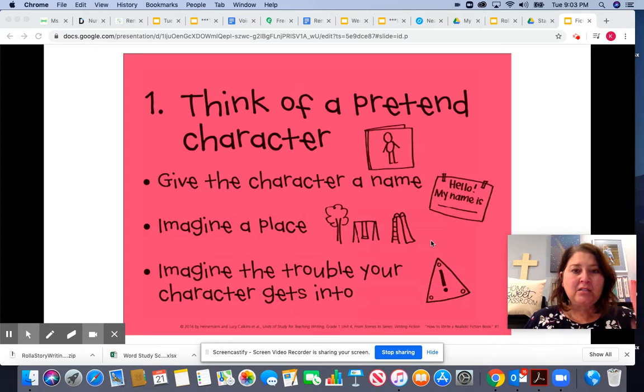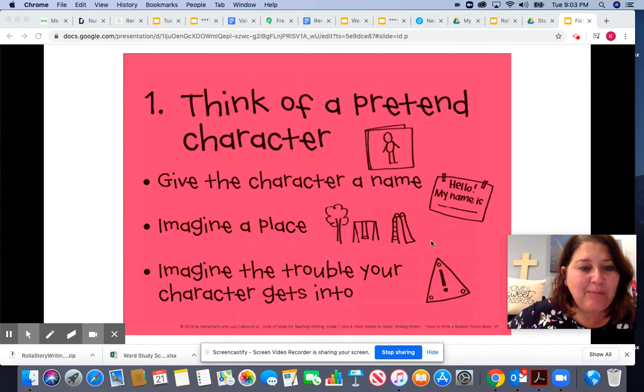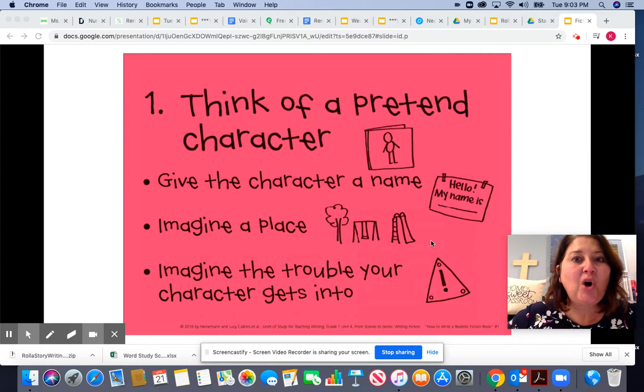Okay. So I've got my slide up here, and you can see step one, think of a pretend character. Okay. This is always going to be what you want to do first when you are writing a fiction book. Okay. You need to think of a pretend character. You need to give the character a name, imagine a place, and give them a trouble.